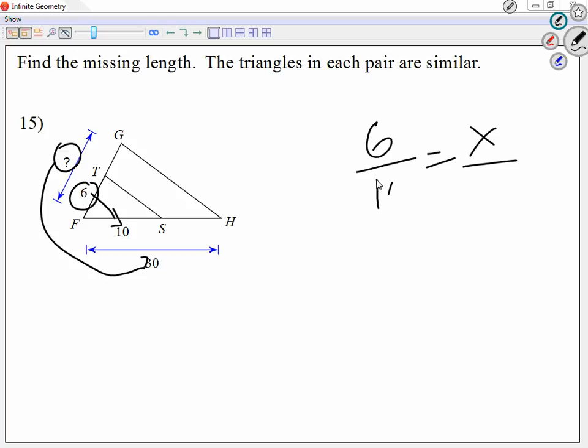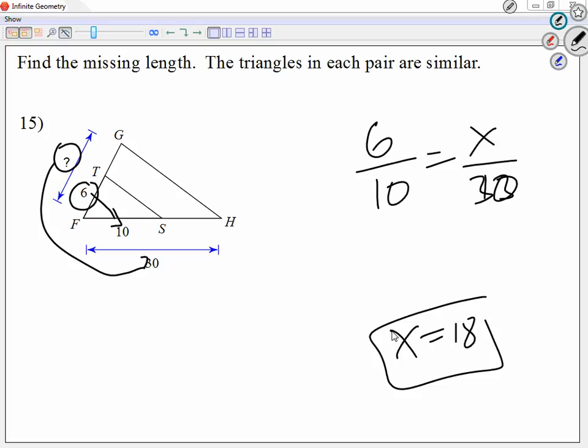So over here, I'm going to write 10 and 30. Cross multiplied, simplified, and everything. If I just write x equals 18, I think you guys can see where I got that from. I just simplified sideways, 1 and 3. So x equals 18. We're good up until 16?